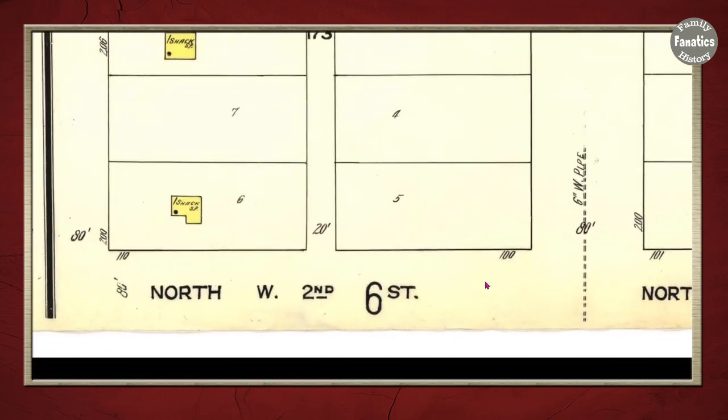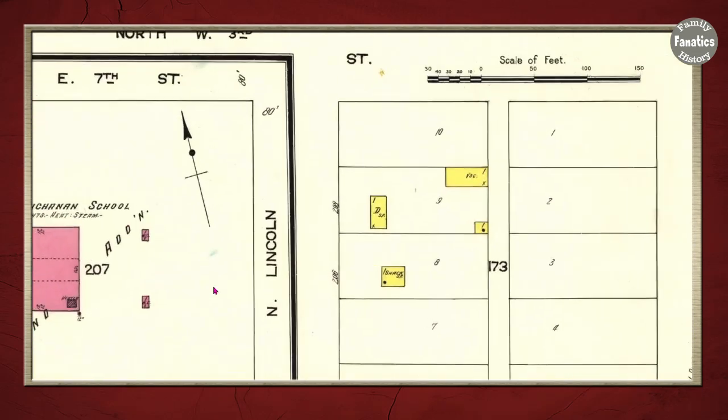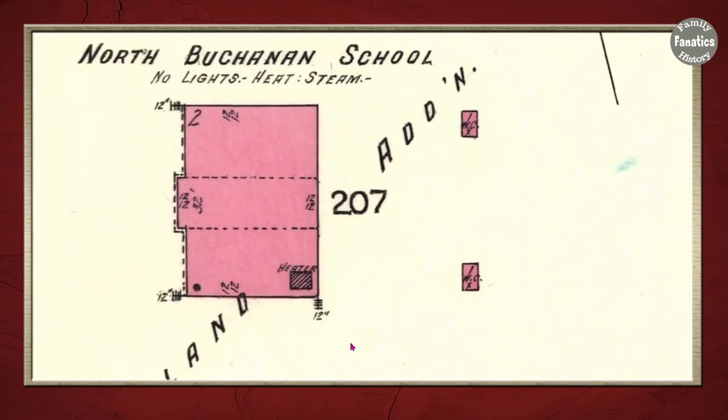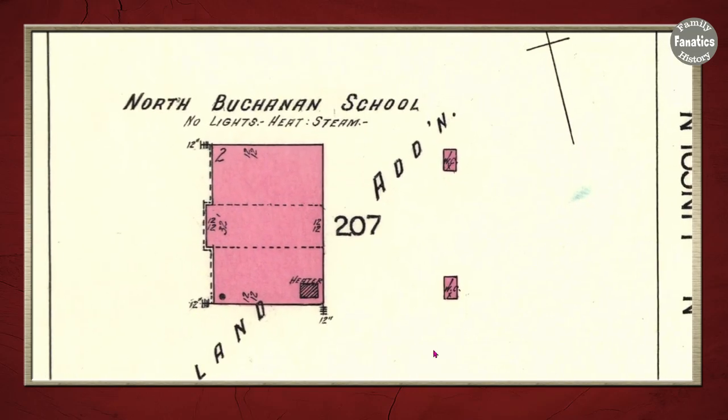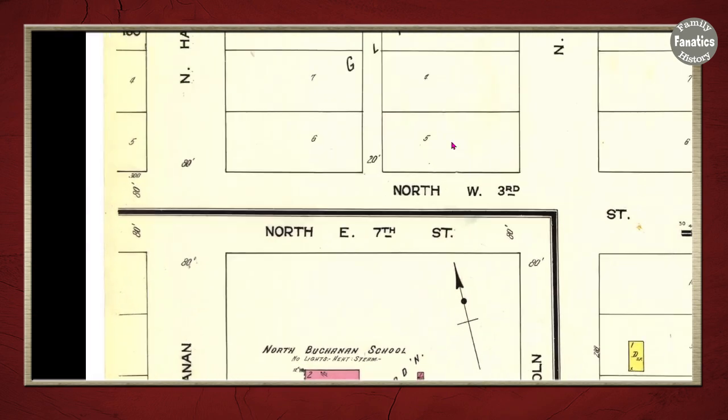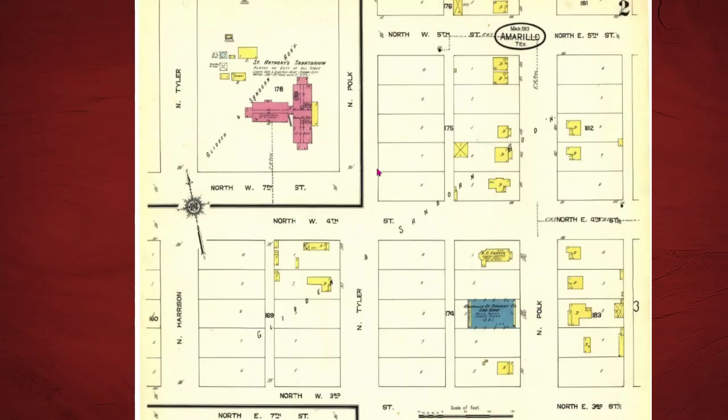And the different colorations that you see represent different types of structure and materials in the buildings, which would help plan fire and rescue missions, but also calculate insurance.